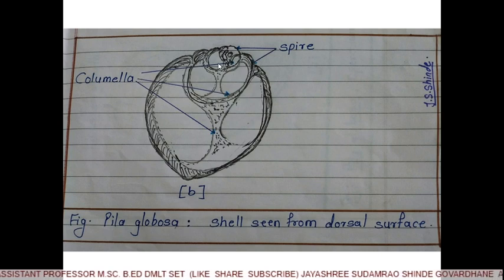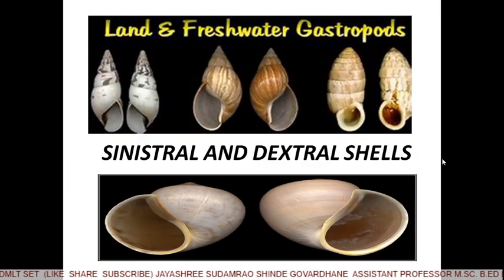Columella is the central axis, hollow central axis to which columellar muscles are attached. Now see orientation. Shells of Pila is coiled. It shows some characteristic orientation. You can see it is clockwise or anti-clockwise, spiral or coiled.